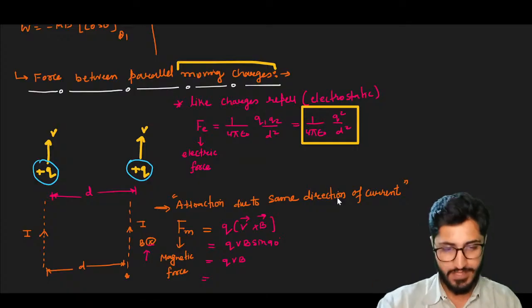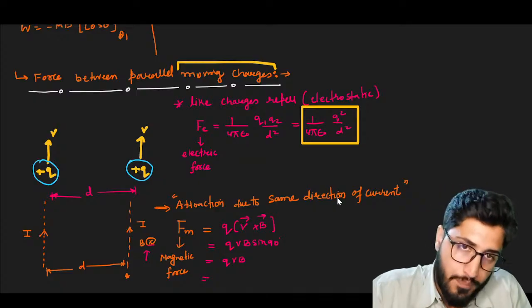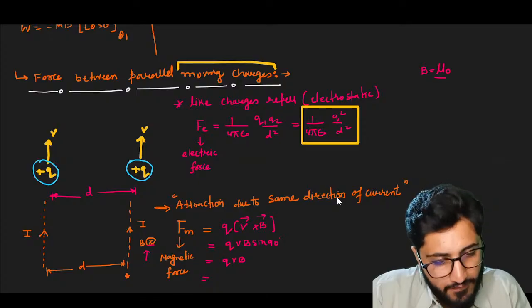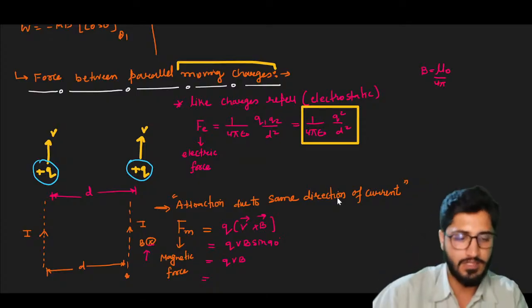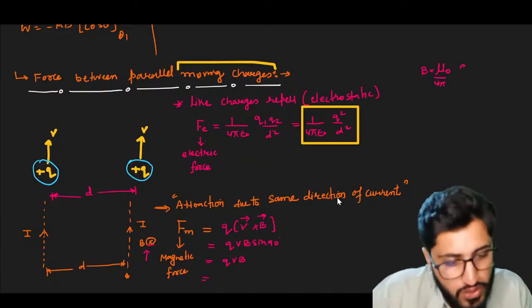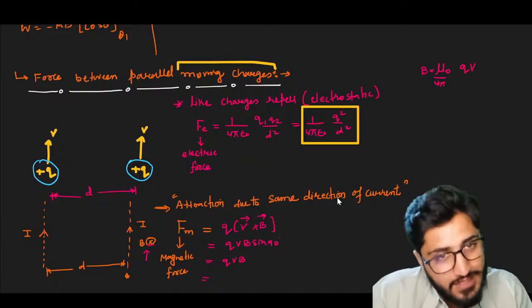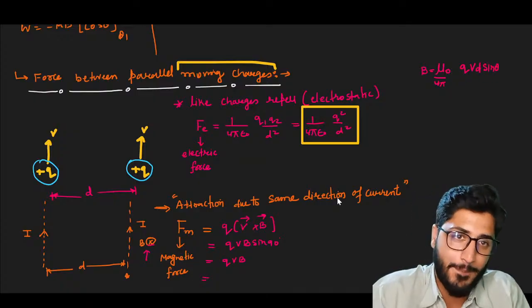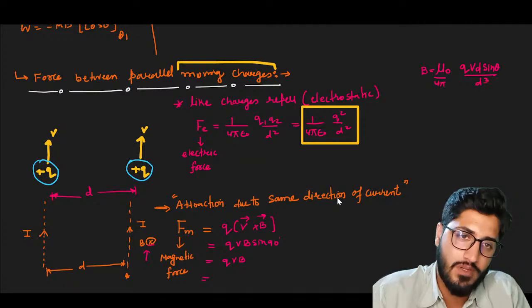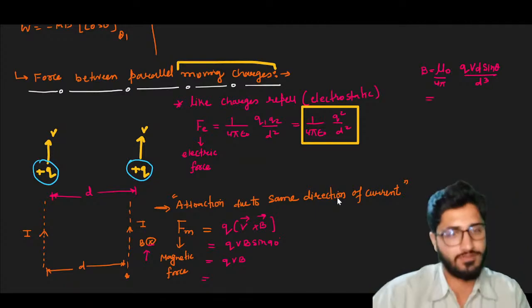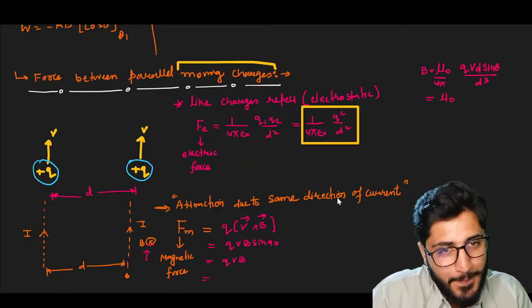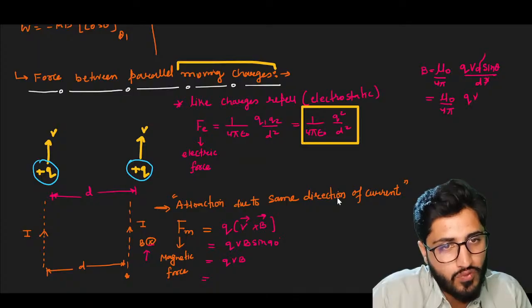Okay, what is B now? B is the magnetic field. Is it mu naught by 4 pi? We're having now qv d sine theta divided by d square, the Biot-Savart Law. We know it now. Look, I can write mu naught by 4 pi. Q is q, v is v. d cancels out, so we are having d square only.